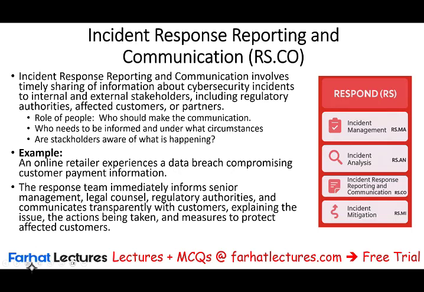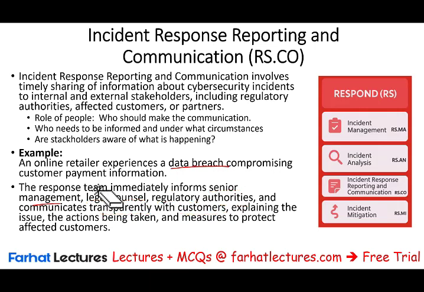An example will be an online retailer experiencing a data breach. Target, compromising customer payment information. Target, right? That happened in the real world. The response team immediately informs senior management, legal counsel, could be internal or external, regulatory authorities, and communicates transparently with customers, explaining the issue, the action being taken, and measures to protect affected customers.